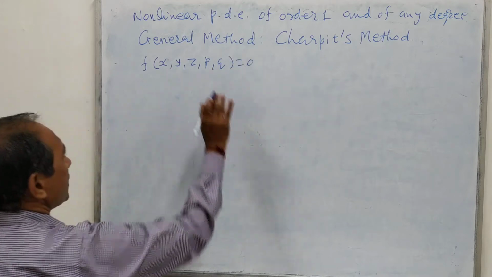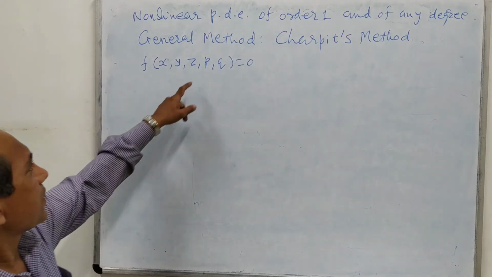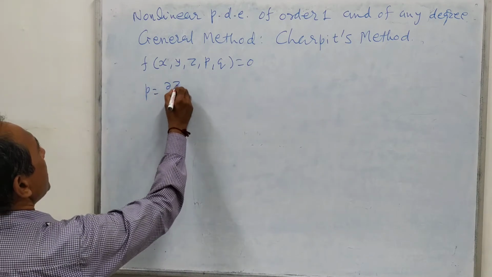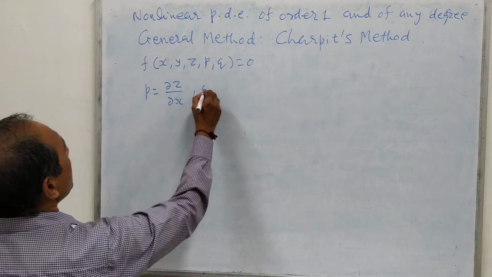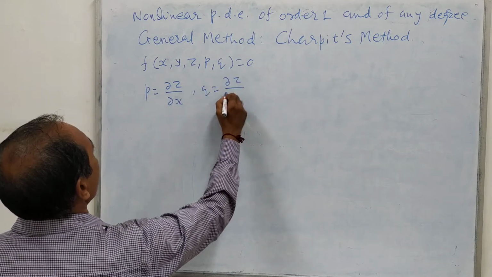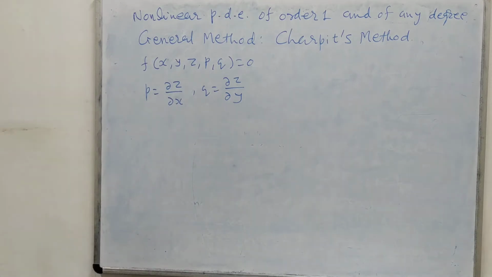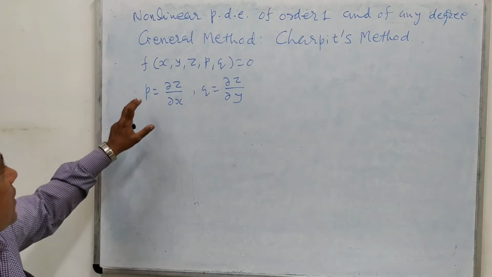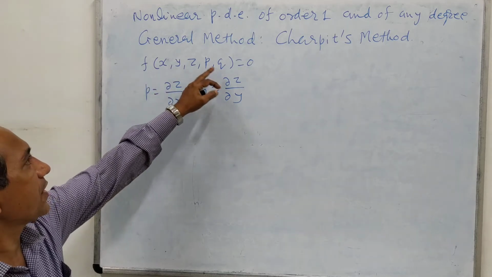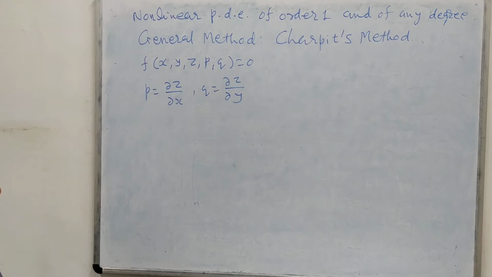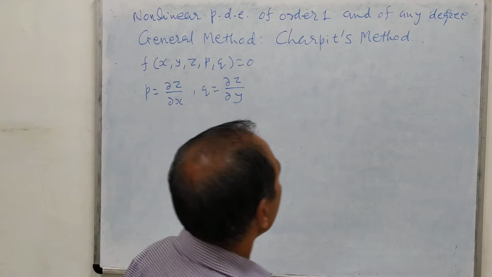Suppose this is the partial differential equation which contains p and q, where p is del z by del x and q is del z by del y, and x, y are independent variables. So the equation which contains x, y, z, p and q can be of any order. It can be of any order, p square or q square or q cube, p cube, like this.